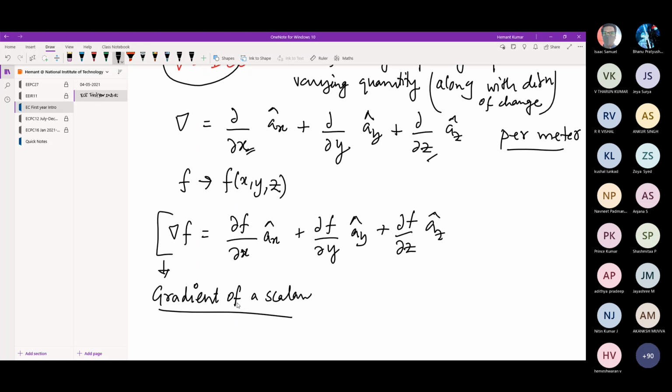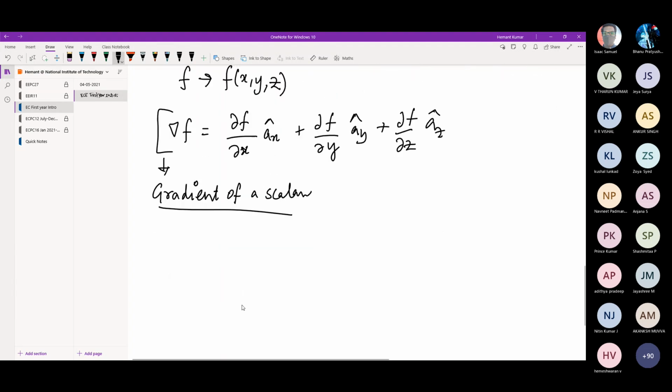It is basically used to know the rate of change of a space varying quantity and in which direction it is changing. So a gradient is nothing but directly applying del to a scalar quantity. This is the first operation that we can do using del.